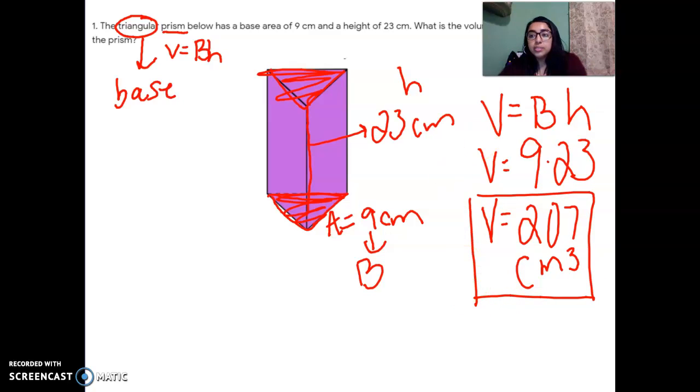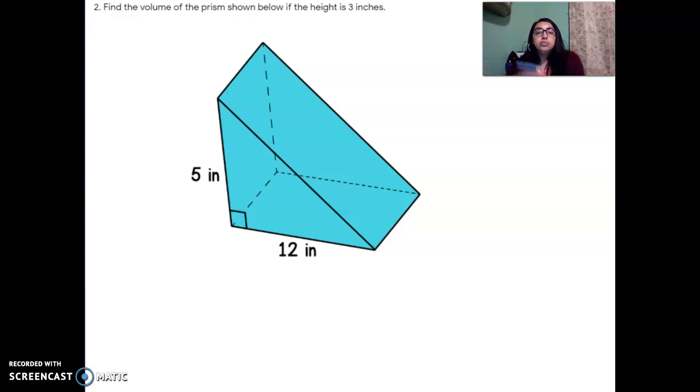So pretty much almost the same as a rectangular prism. The only difference is that your big B, your area of the base, is a triangle and not a rectangle. So number 2, find the volume of the prism shown below if the height is 3 inches. Since we're talking about volume, they're saying that my height, which connects my two bases, is 3.